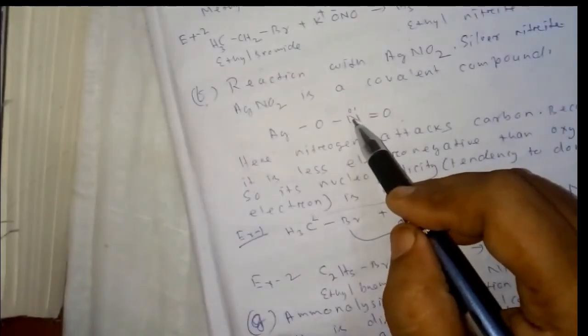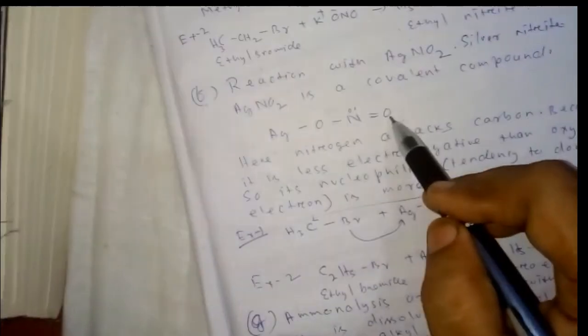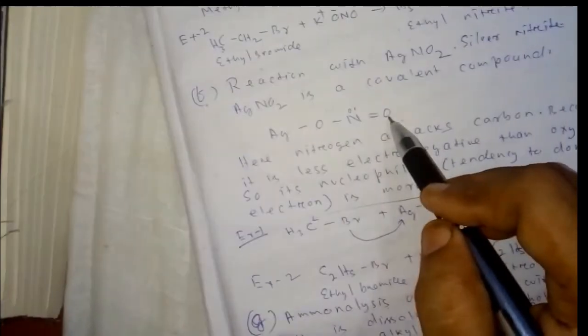So in chemistry language, the nucleophilicity of nitrogen is more than that of oxygen. Here nitrogen attacks carbon because it is less electronegative than oxygen, so its tendency to donate electrons is more.